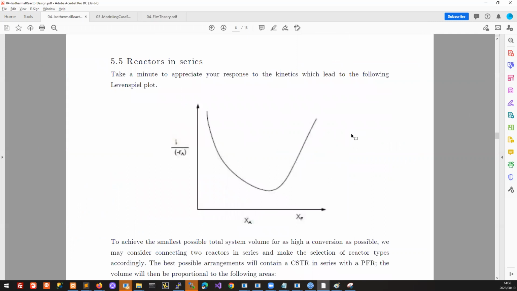Now let's think about, what if both things happen? What if you get a normal increase of rate with conversion? Again, this is 1/rate, so this is an increase of rate with X. And then past a certain point, you get a decrease. And again, this very much happens in real life, right? When you've converted past a certain point, you start to see inhibition influences.